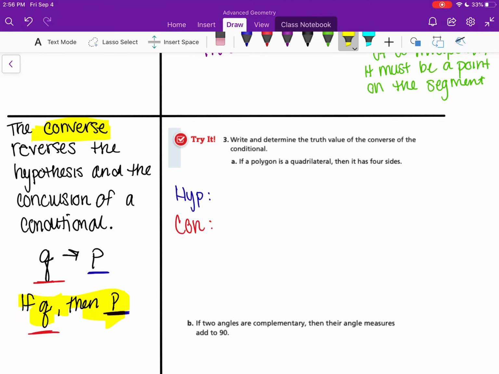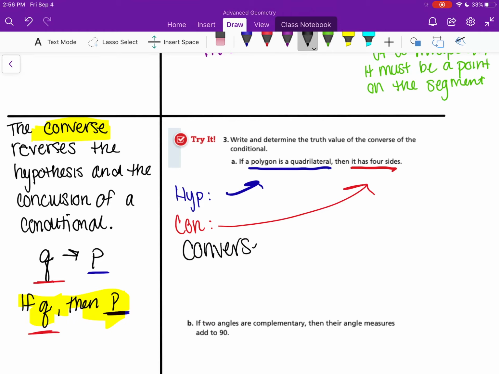This statement here says if a polygon is a quadrilateral, then it has four sides. Our hypothesis is a polygon is a quadrilateral. We're going to write the converse of that just by flipping it around. We're going to say if, and then we're going to write a polygon has four sides.